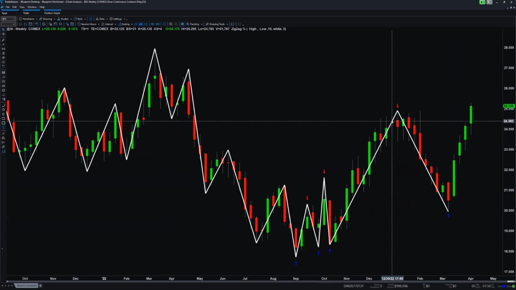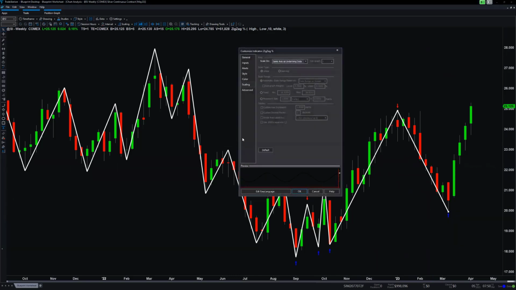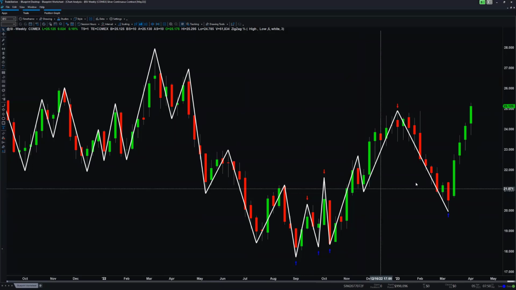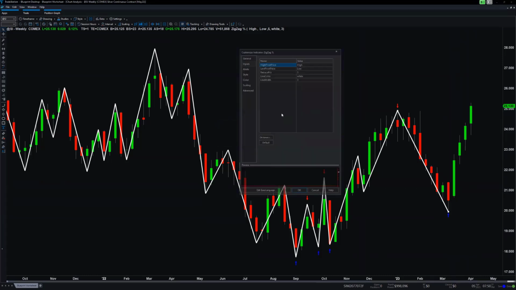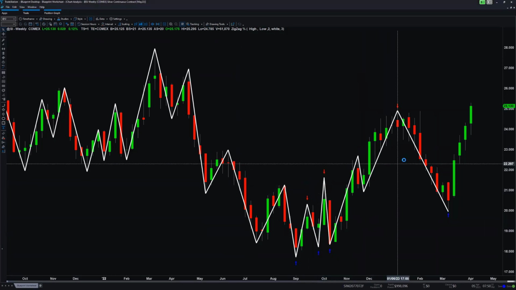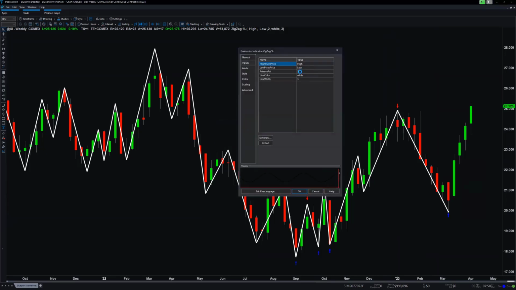I could now sense check those pivots, if I maybe should be using smaller pivots here on the weekly. I could sense that also by potentially changing the inputs maybe to 5, just seeing what visually may be happening. Here it sees an additional 1, but here it doesn't, and here it also doesn't. What would happen if I put this to 2? Also not a whole lot will change. So I would rather stick with what I had originally here, 10.